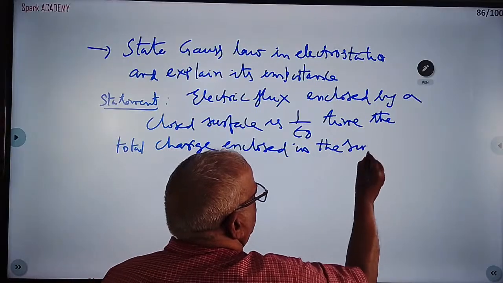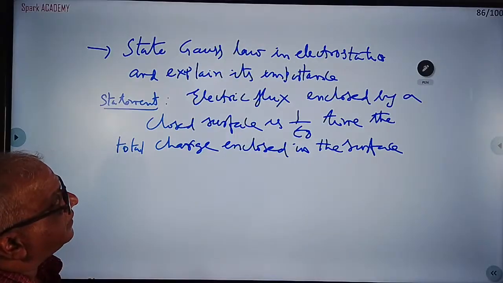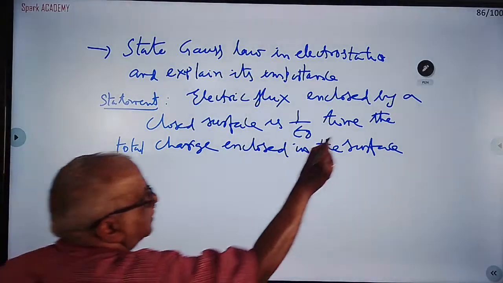Electric flux means electric lines of force. Gauss law is applicable for closed surfaces.